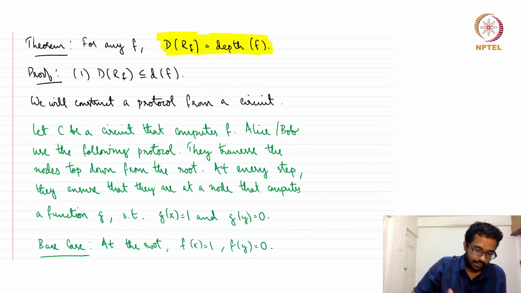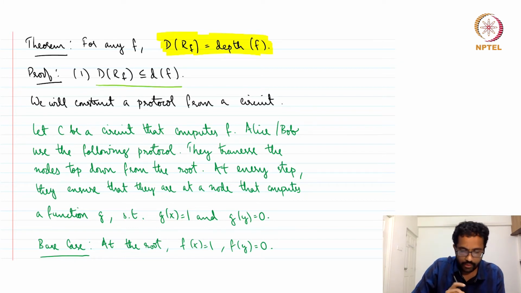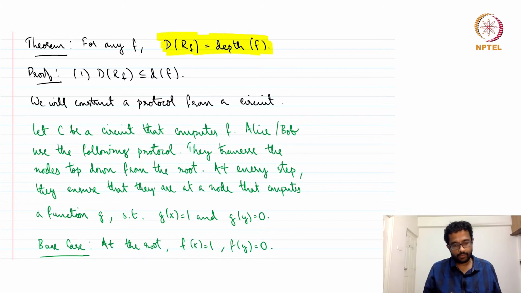So how do we get the first inequality? Given a circuit for the function, we start from that circuit and build a protocol for the relation. As long as we started with a circuit for the function f, we will get a protocol for the relation Rf, in such a way that the complexity of the protocol is equal to the depth of the circuit.